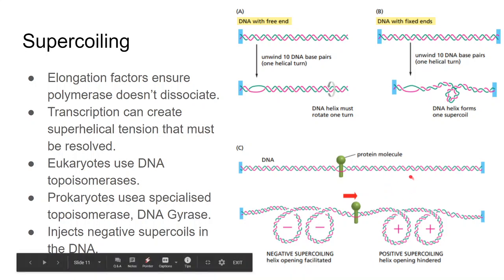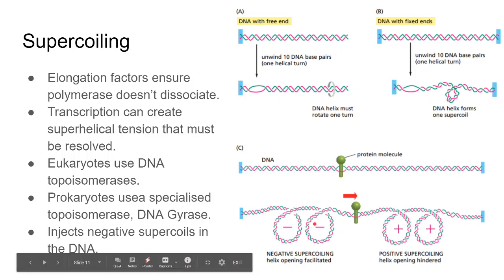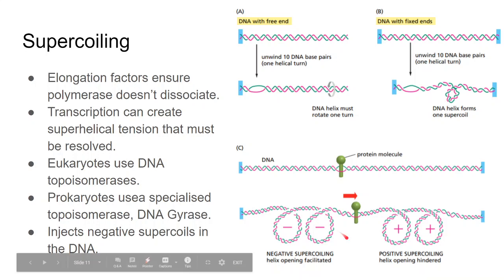If you introduce negative supercoils ahead of the transcription machinery, then once the superhelical tension starts to build up, these negative supercoils will just open up into regular straight DNA. I hope I'm making sense here. What happens if you have nothing going on in front of the DNA?